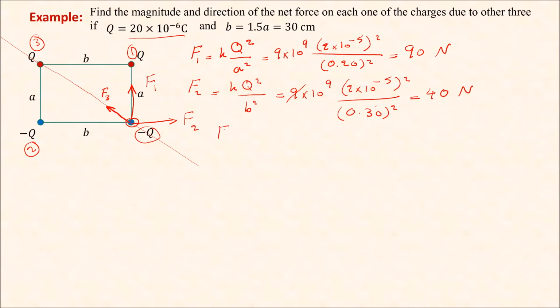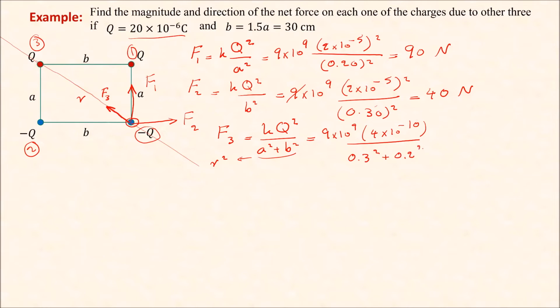And then F3 is KQ squared again, divided by A squared plus B squared. This is R, the distance between them. R squared is equal to A squared plus B squared, right? So it becomes again 9 times 10 to the 9 times 4 times 10 to the negative 10 divided by 0.3 squared plus 0.2 squared.